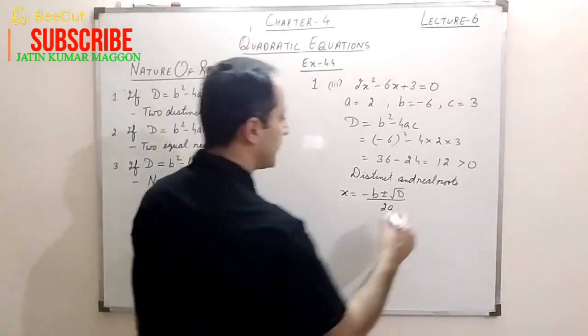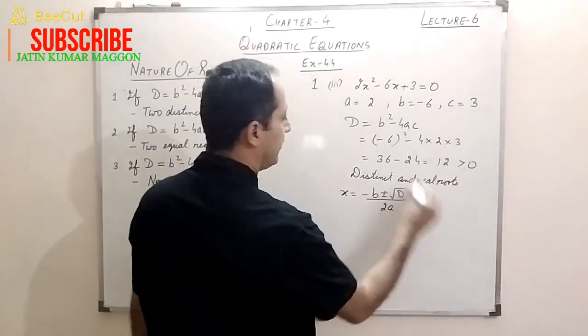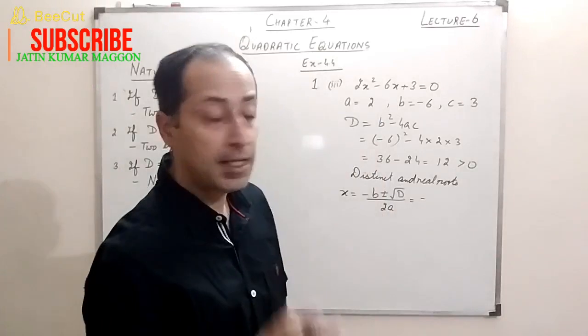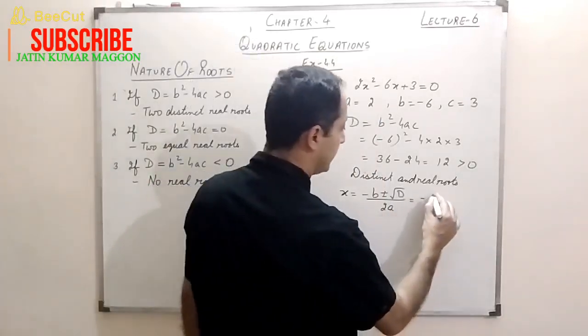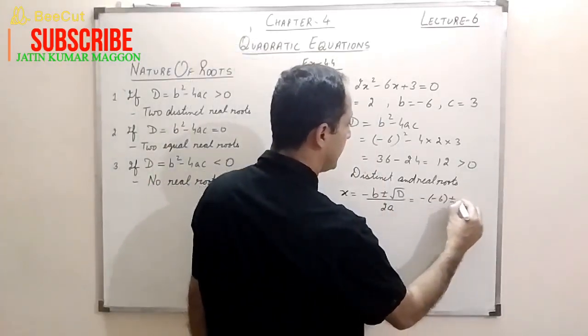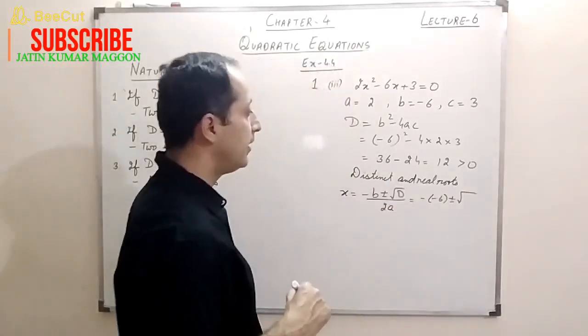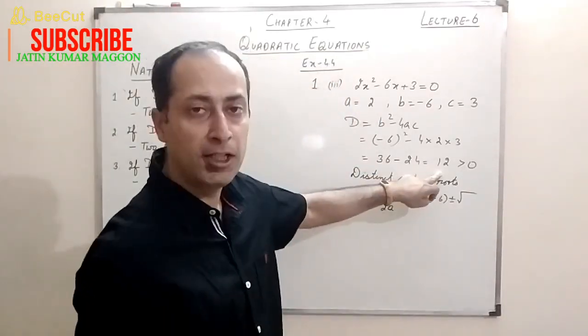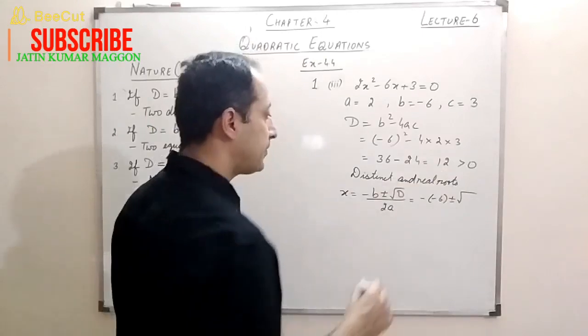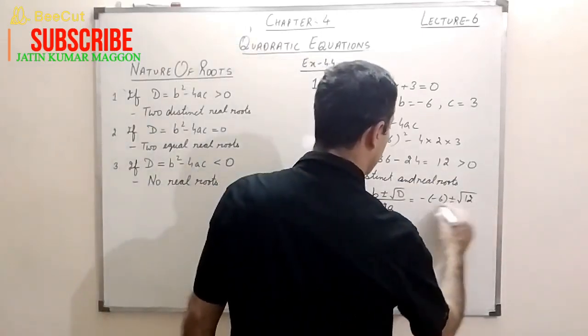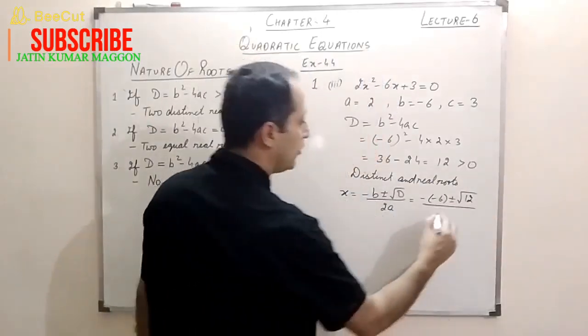Substitute the values. Now b is minus 6, so minus b is minus of minus 6, that is 6, plus minus root D. And what is the value of D? We have already calculated it, and that is 12. So 12 upon 2 into 2.